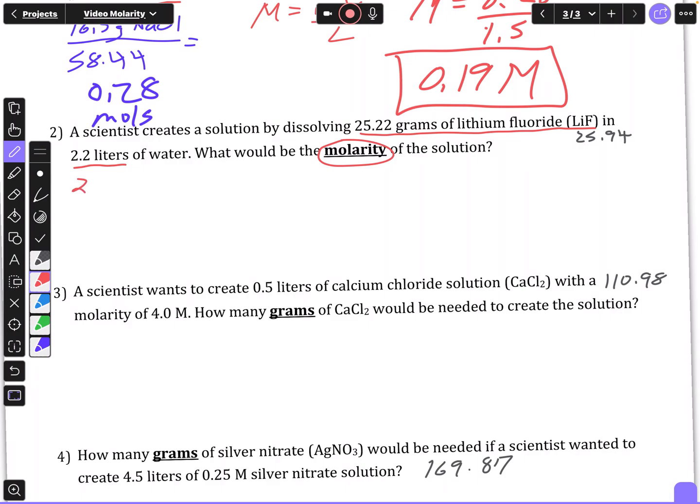So I'm going to take 22.55 grams of lithium fluoride. I'm going to divide by the molar mass of lithium fluoride. So you need to look up the individual atomic masses and add them together. And I've already done that, and that's 25.94.